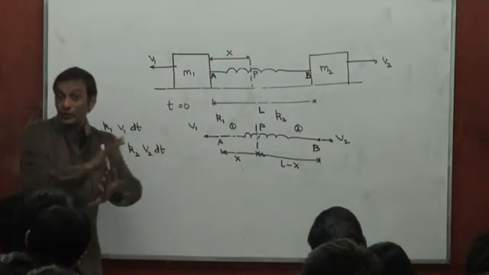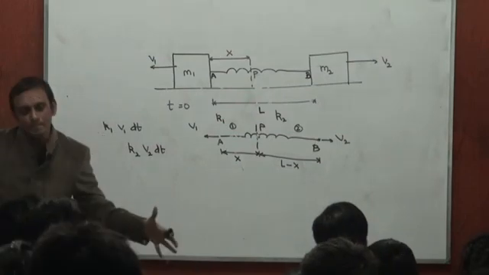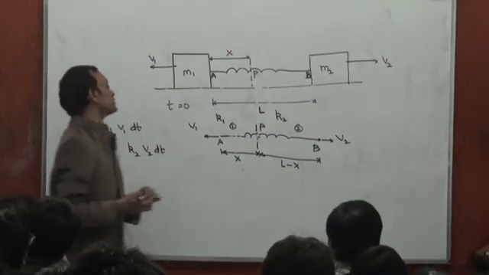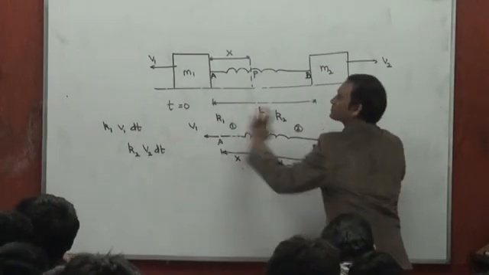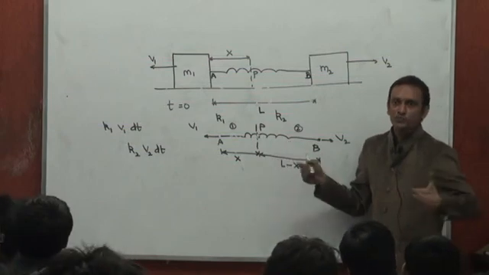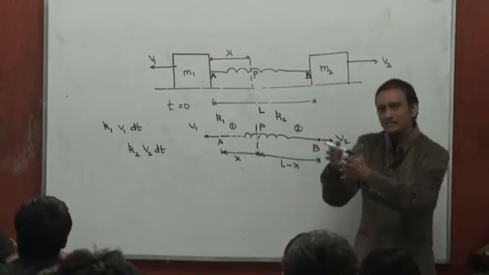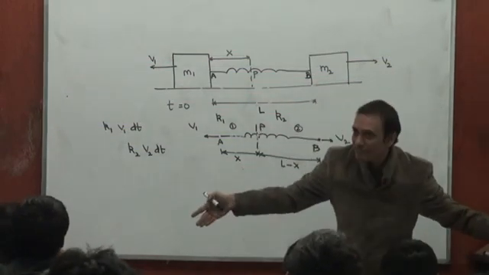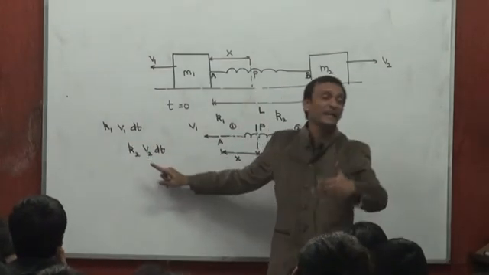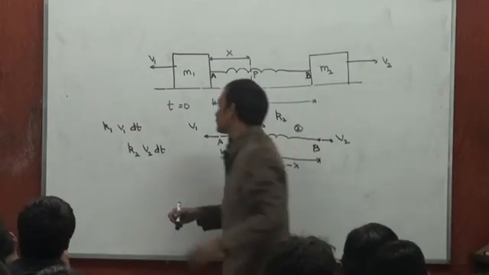That's looking at the two springs separately, yes or no? But now, after all, this is one single spring. So the force in this spring has to be the same as force in this spring. When it's as if two springs in series, they must subscribe to the same value of the force. This must be equal to this. So K1 v1 must be K2 v2.